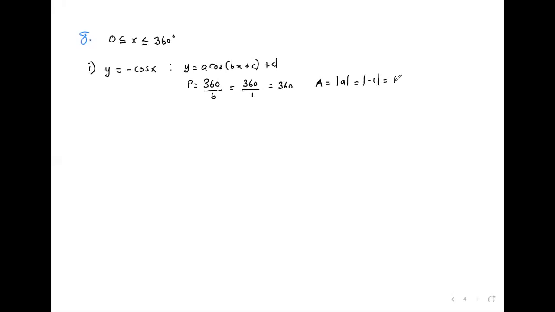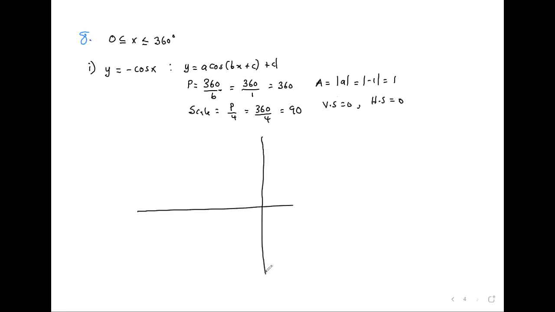And then once I have the period, I can get the scale, which is the period over 4. So we'll have 360 over 4, which is equal to 90. The vertical shift is 0. Horizontal shift is 0. So we can sketch. So we have 0, we have 90, 180, 270, 360. So I don't care about the amplitude part here.